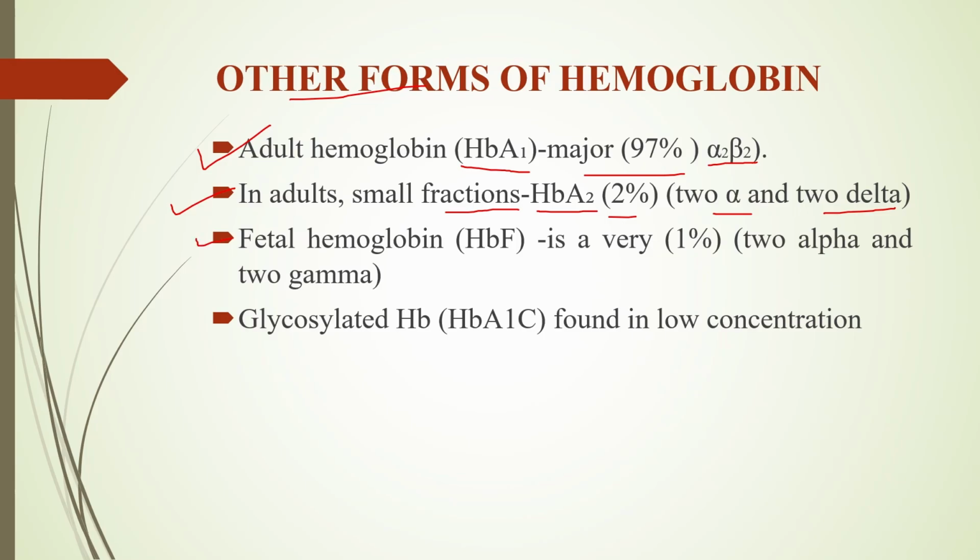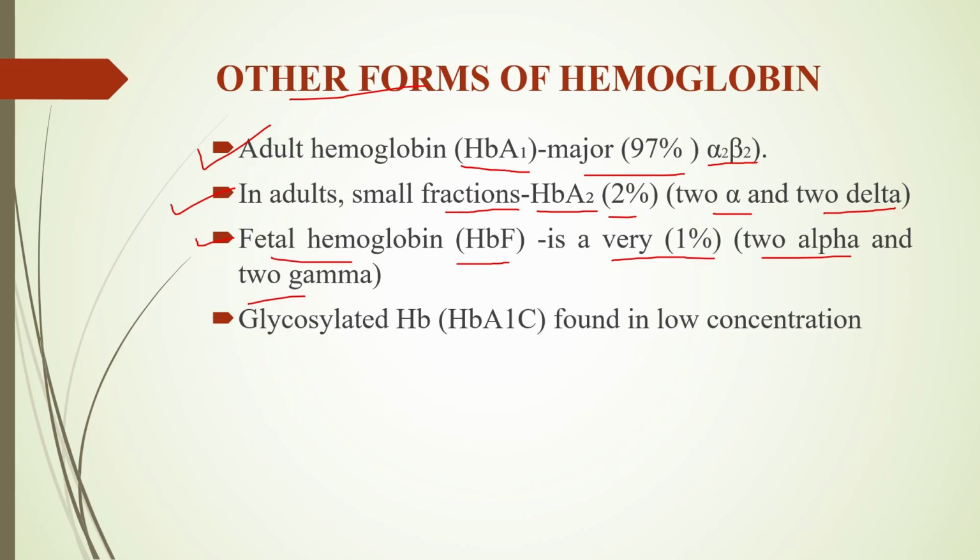And next is the fetal hemoglobin, which can be written as hemoglobin F, and it is in very low quantity, about 1%. It contains 2 alpha and 2 gamma chains. So this fetal hemoglobin helps the fetus obtain oxygen from the maternal blood during pregnancy. When the baby is in the womb, this fetal hemoglobin helps in the transportation of oxygen.